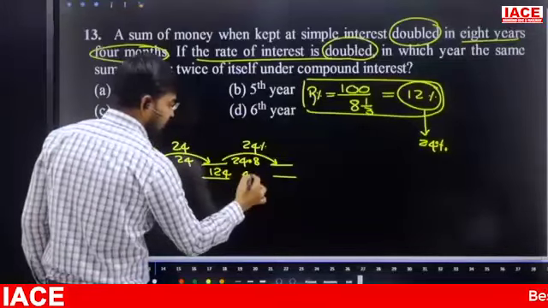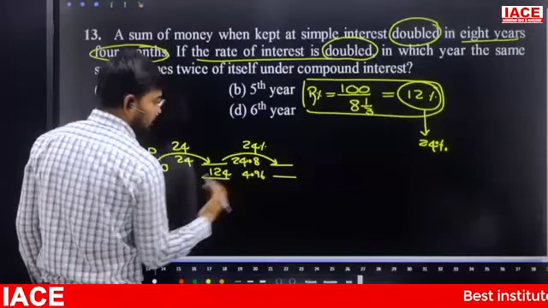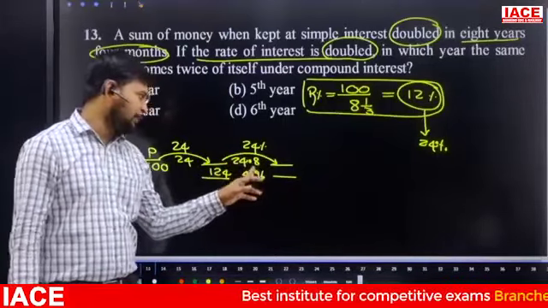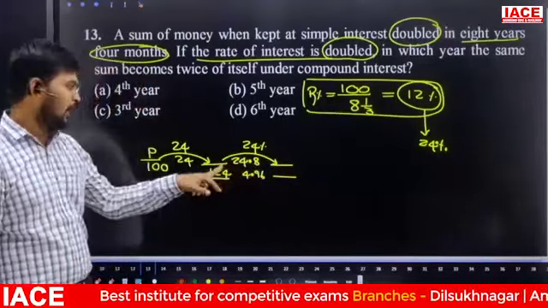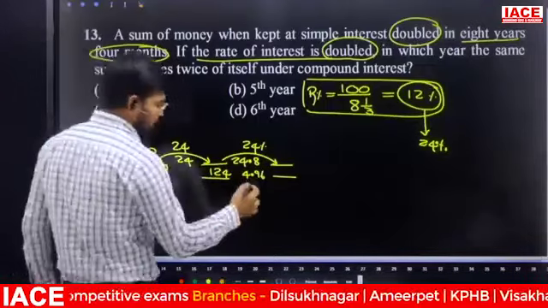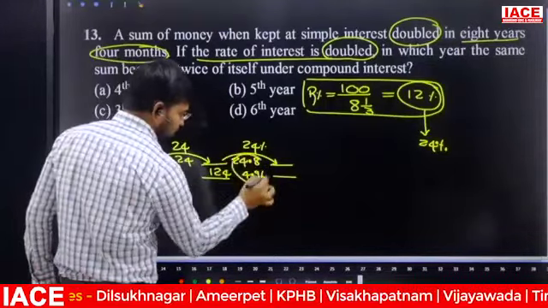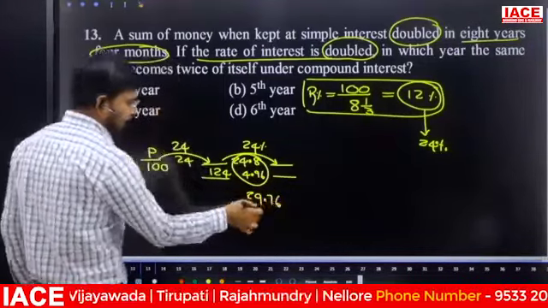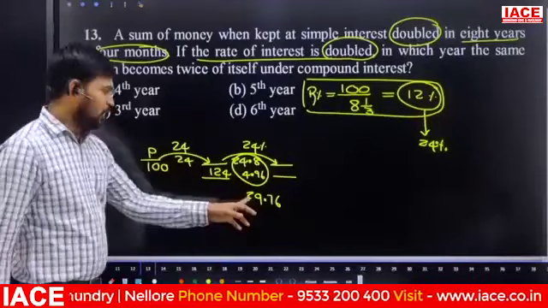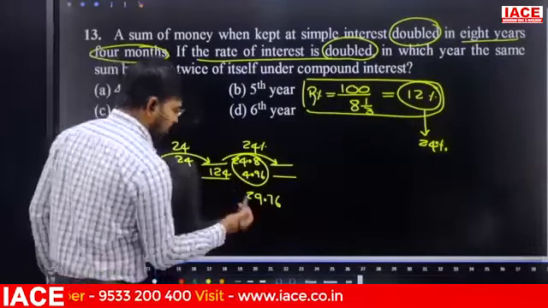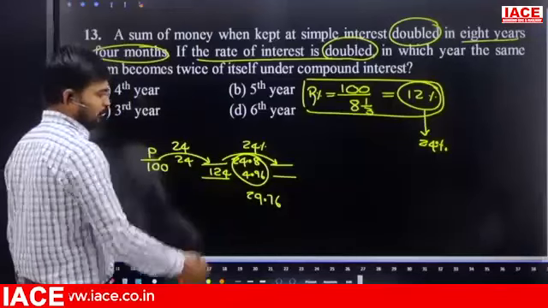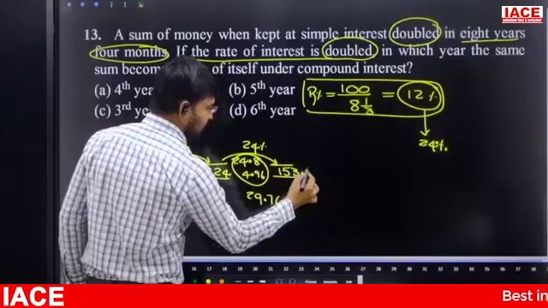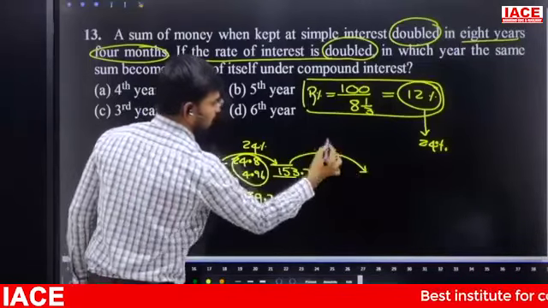So 24% is 24.8 plus 4.96, which is 29.76, approximately 30. So 124 plus 30 is 154, that is 153.76. Again I go for 24%.